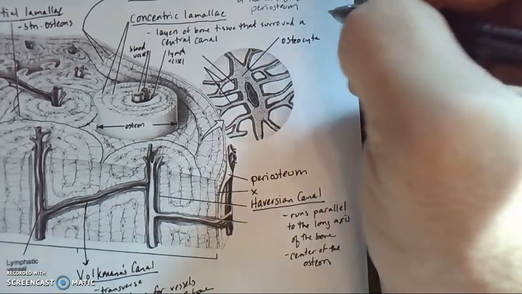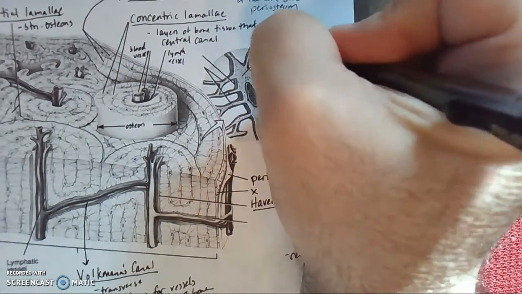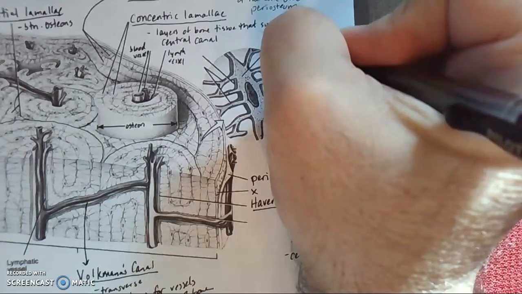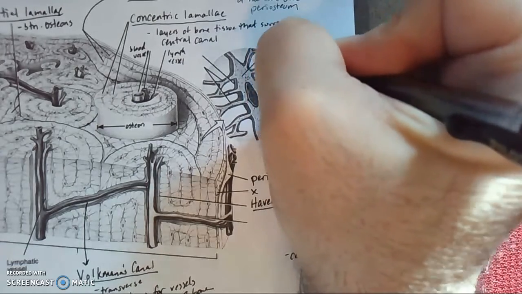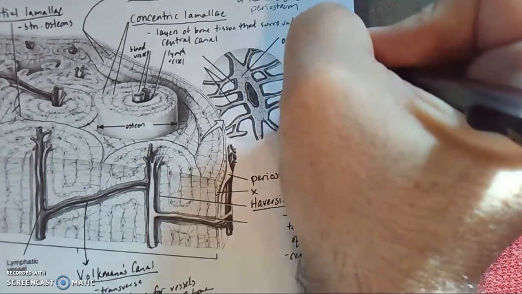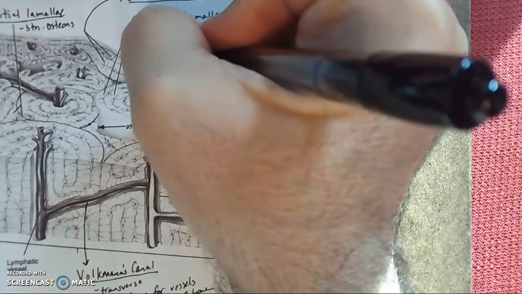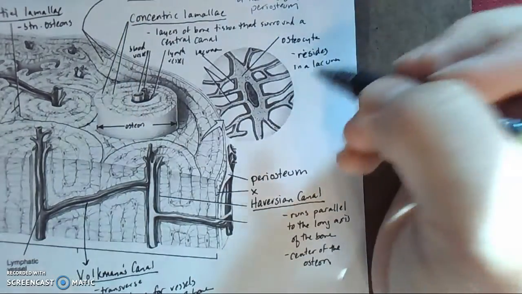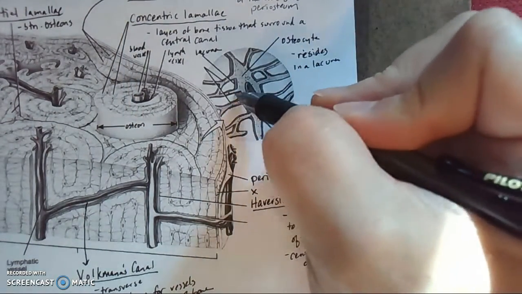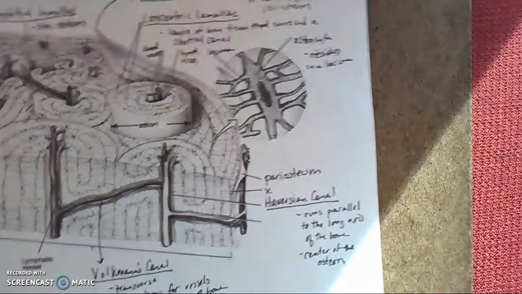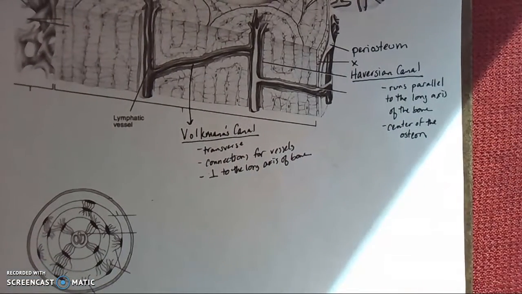And this osteocyte resides in a lacuna. So this darker area right there is called the lacuna. And then we have these projections out, and we're going to move down here and we'll talk about what these are.